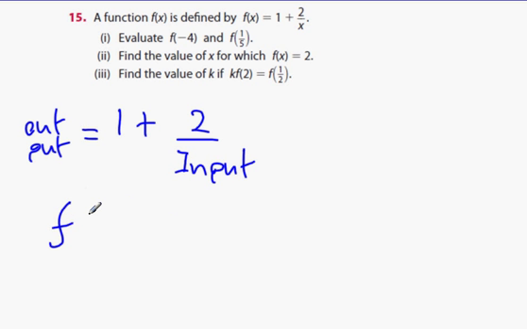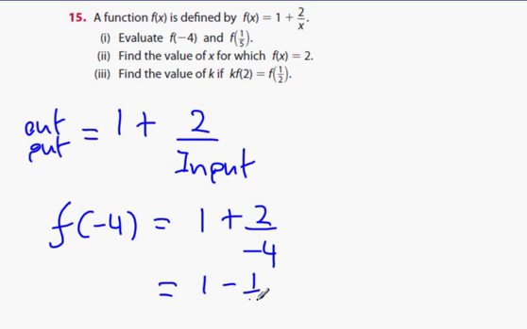It means the input is, anybody? Input is minus 4. Now what is 1 plus 2 divided by minus 4? 1 minus a half. 1 minus a half equals a half. You happy with that? Use your calculator.